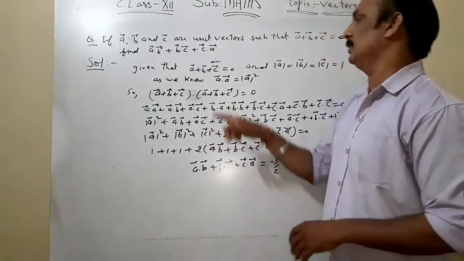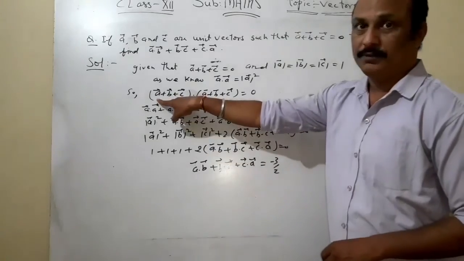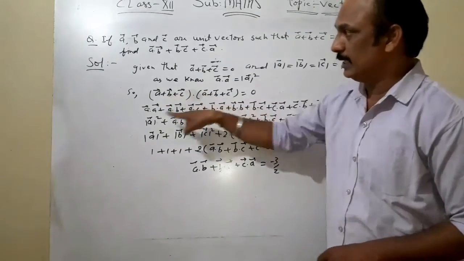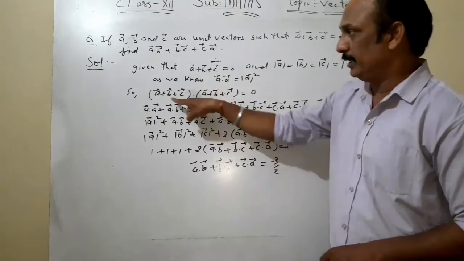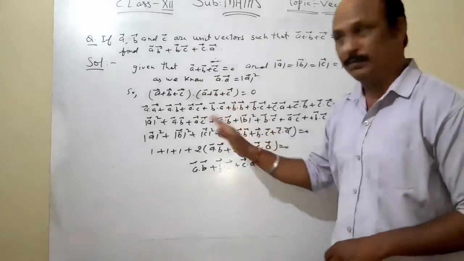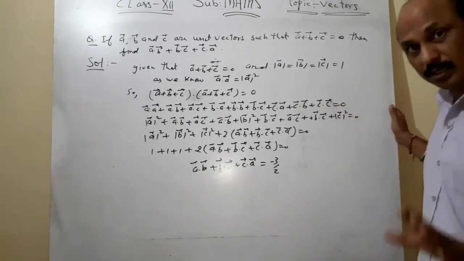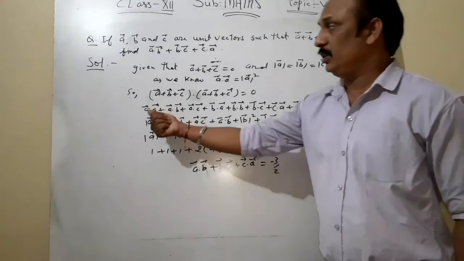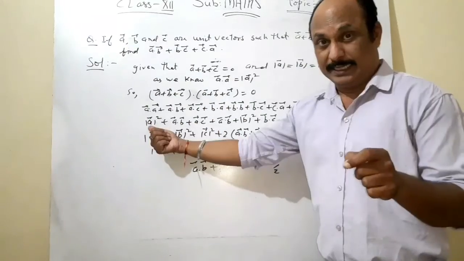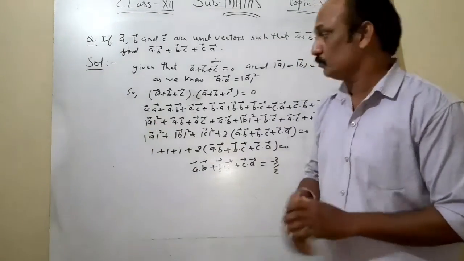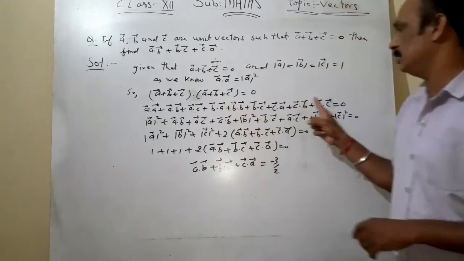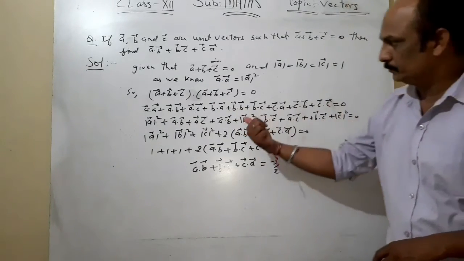ओके देन, नाउ if we solve the brackets like a dot b, a dot c, b dot a, b dot b, b dot c, and similarly like this. Okay, and as we know, a dot a written as square of magnitude of a. Similarly, b dot b and c dot c like this.